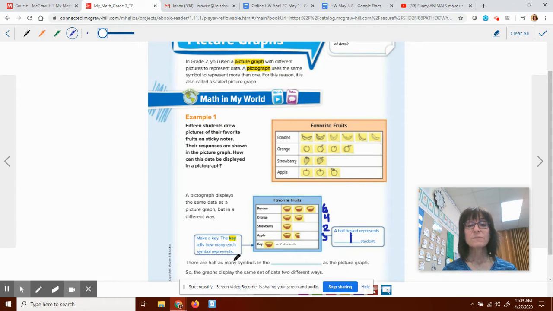There are half as many symbols in the pictograph as there is in a picture graph. You have to pay close attention to what your key is representing. It sometimes could be 2 students, 1 student, 3 students, any other way.